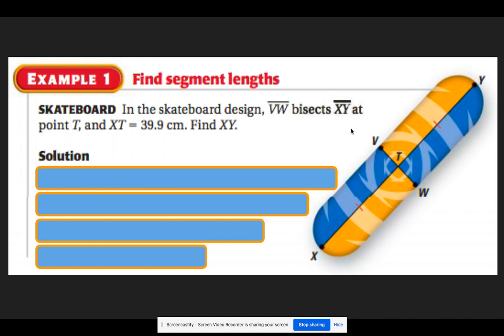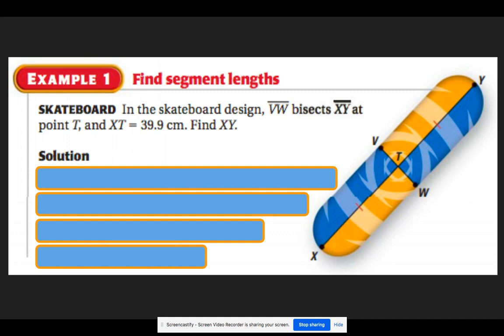It says in our prompt that VW bisects XY. So the prompt is telling you that VW cuts XY in half, at the point T. The length from X to T is 39.9, and it wants us to find the entire length of XY.